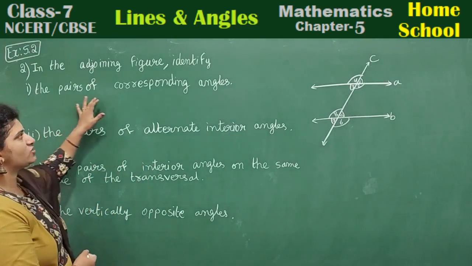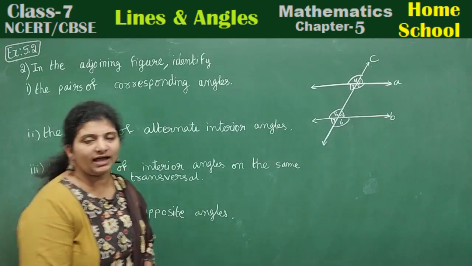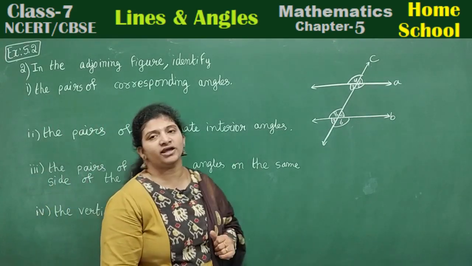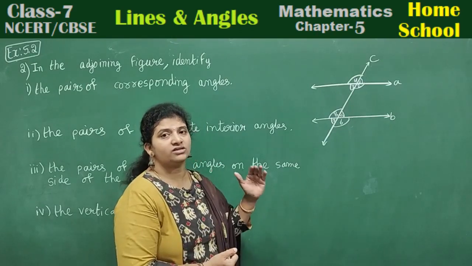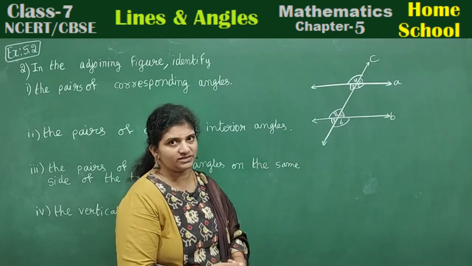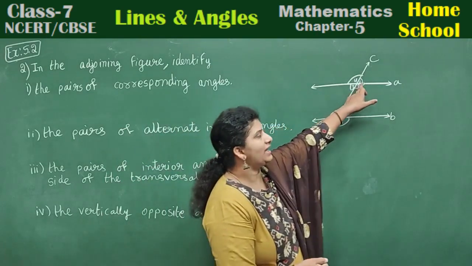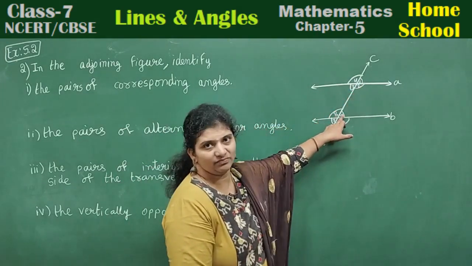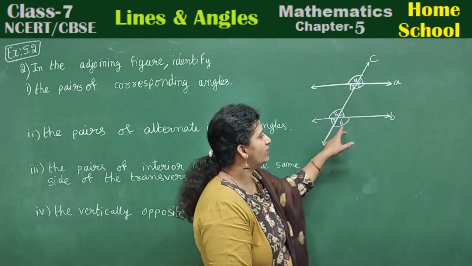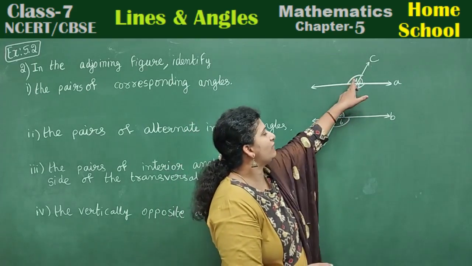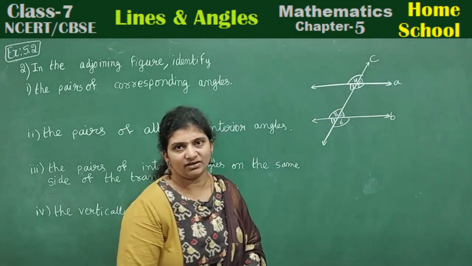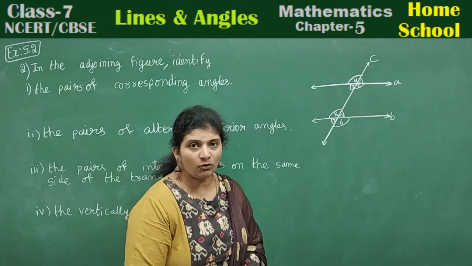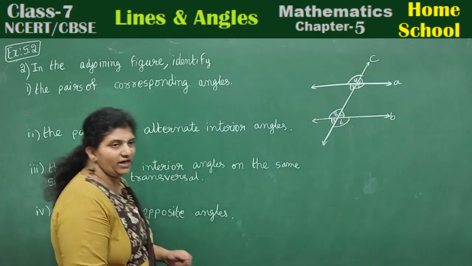Identify the pairs of corresponding angles. What are corresponding angles, children? They are from the different vertices and they are on the same side of the transversal. Look here. Angle 1, angle 5. Angle 2, angle 6. Angle 4, angle 8. Angle 3, angle 7. These are the corresponding angles in pairs.